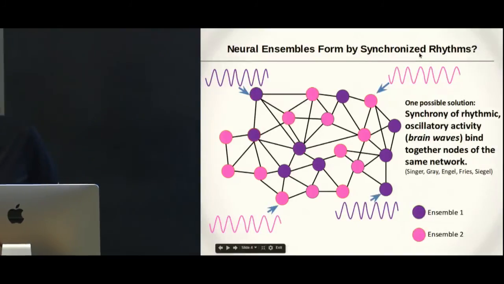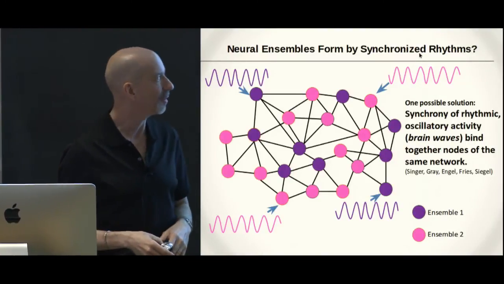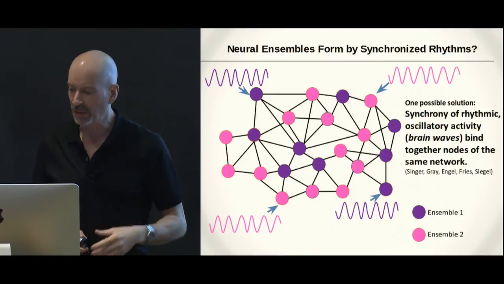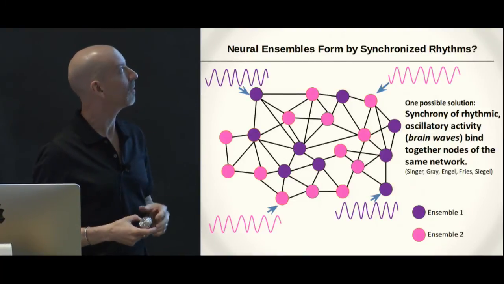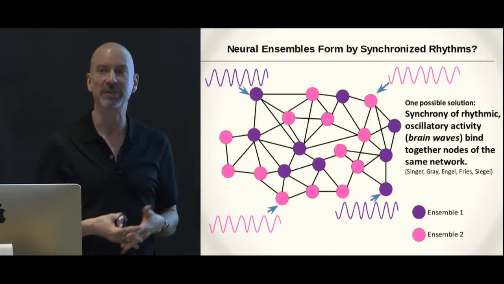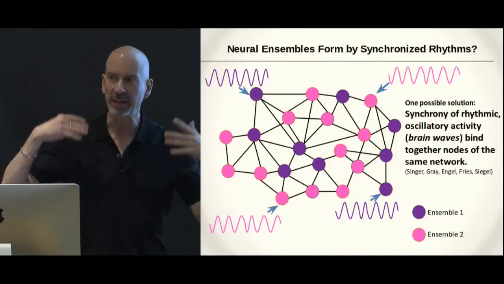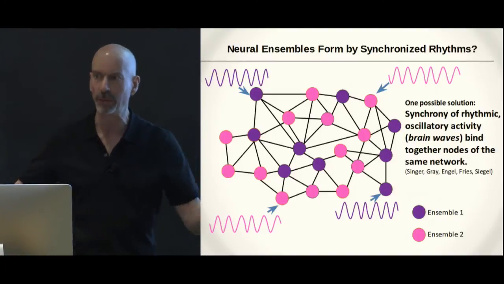Well, one possibility, not our idea, but an idea originally from Wolf Singer, Andreas Engel, and Pascal Fries, is that the way ensembles form is you essentially bind members of the ensemble through synchronized oscillations. We all know that the brain has lots of oscillatory activity. That's what these brain waves are.